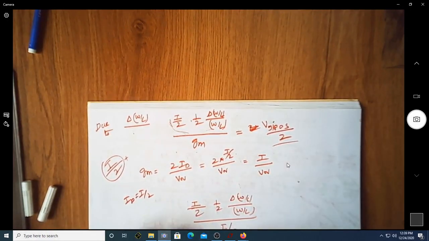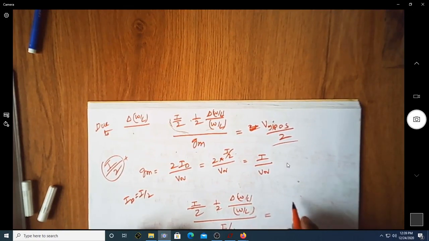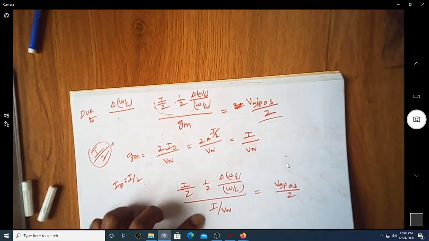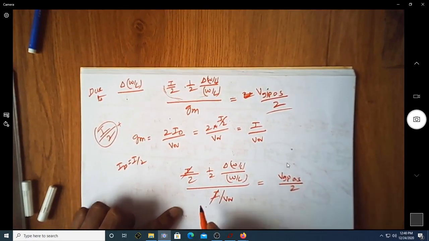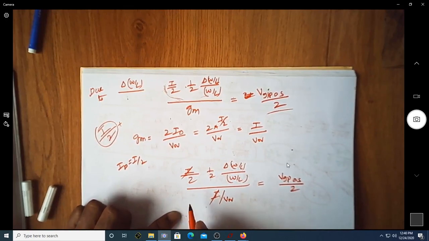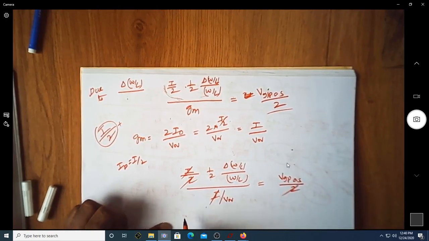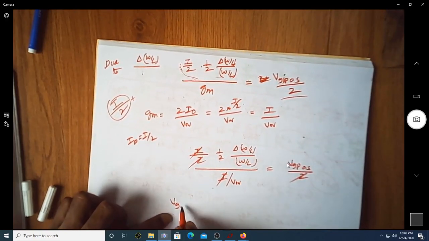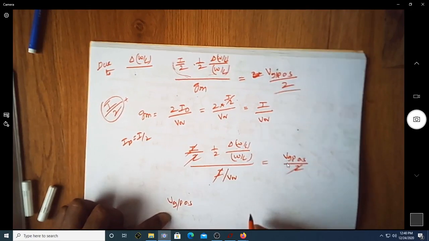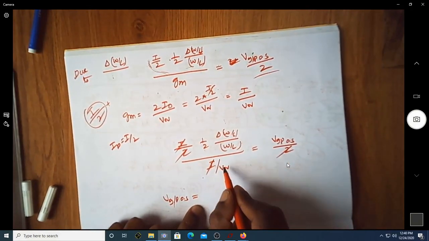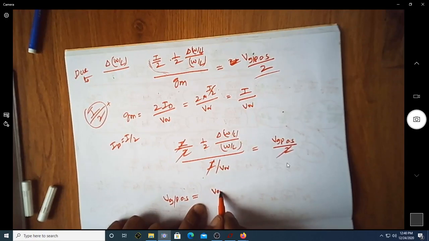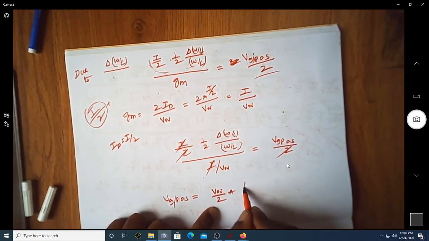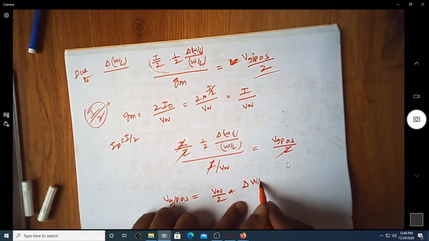It is I by VOV. This is equal to input offset voltage by 2. The I cancels with this I, and the 2 will go with this 2. I will end up with the input offset voltage given by VOV by 2 multiplied by delta W by L divided by W by L.